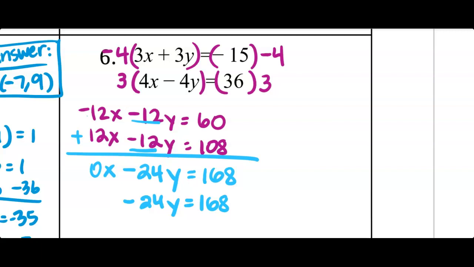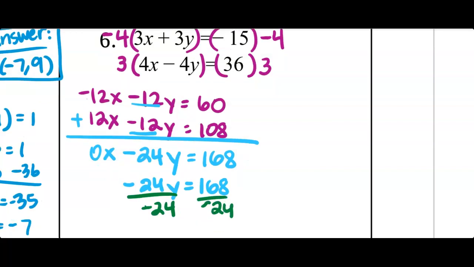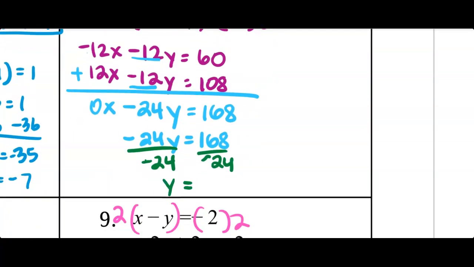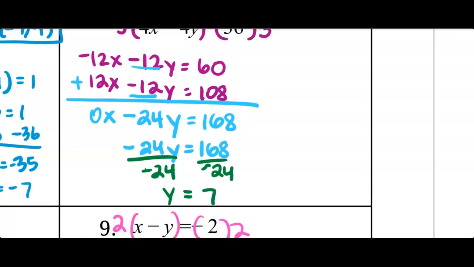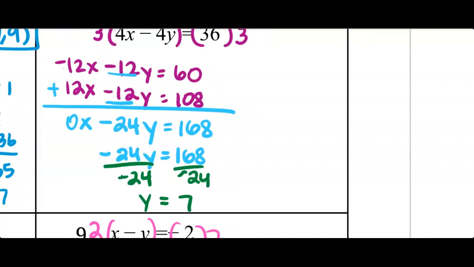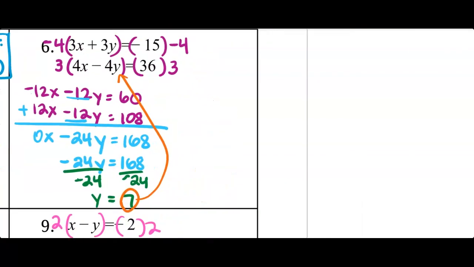I can then divide both sides by that negative 24, and I'll get that y is equal to 7. Once I've done that, I can take my 7 and plug it back into y in either equation.